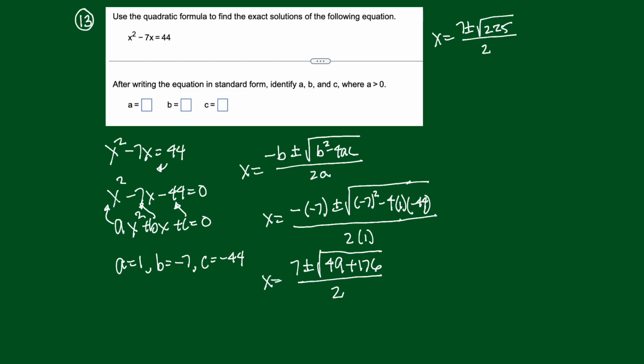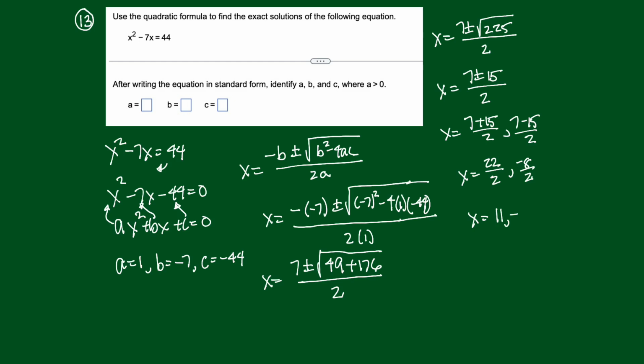Very nice, over 2. It turns out the square root of 225 is 15. So x is equal to two numbers here, 7 plus 15 over 2, and 7 minus 15 over 2. So x is equal to, how about 22 over 2 and negative 8 over 2. Very nice. x is equal to 11 and negative 4.